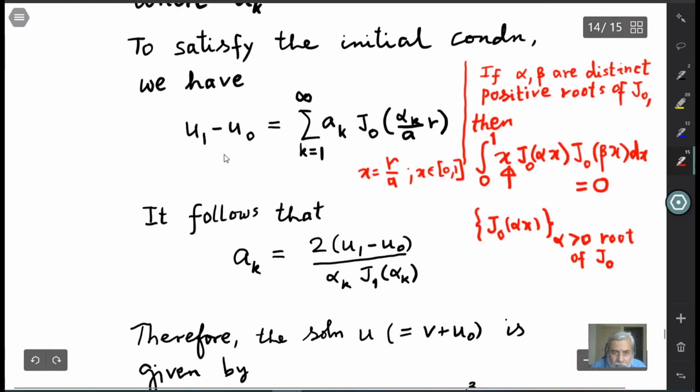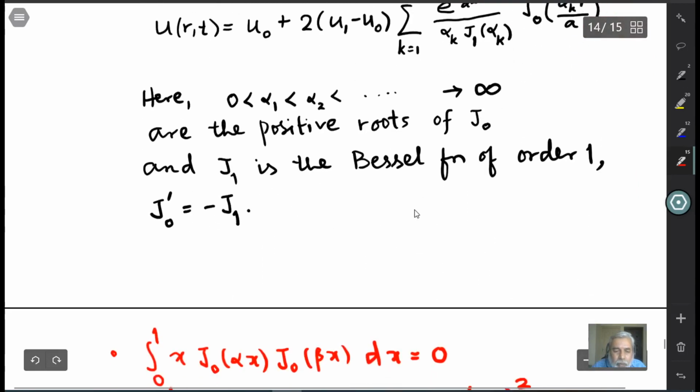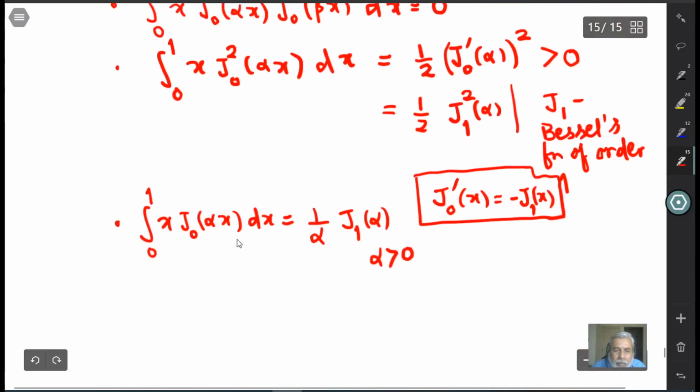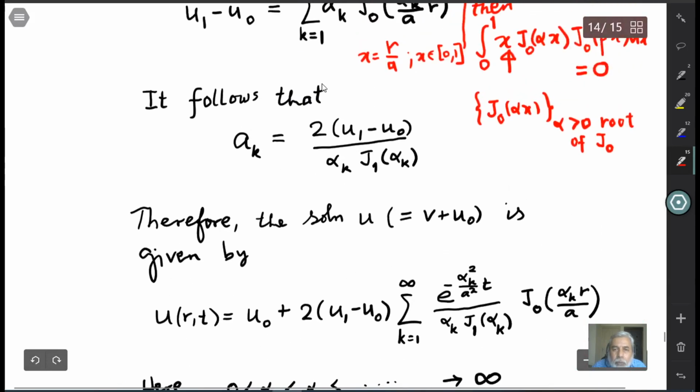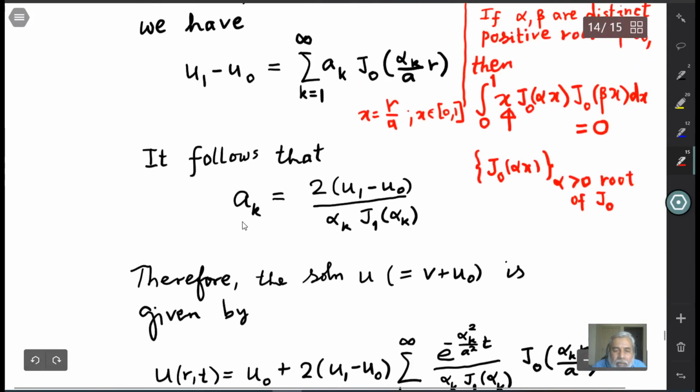Whatever j0 alpha k term we multiply here, only that term survives, and there is an AK there, but then there will be some integral, and those integrals are evaluated by these two formulas. When you do that computation you get AK equal to twice (u1 minus u0) divided by alpha k j1 alpha k.